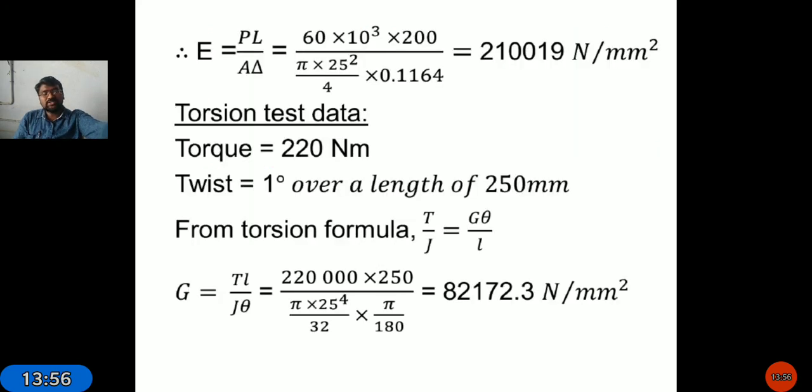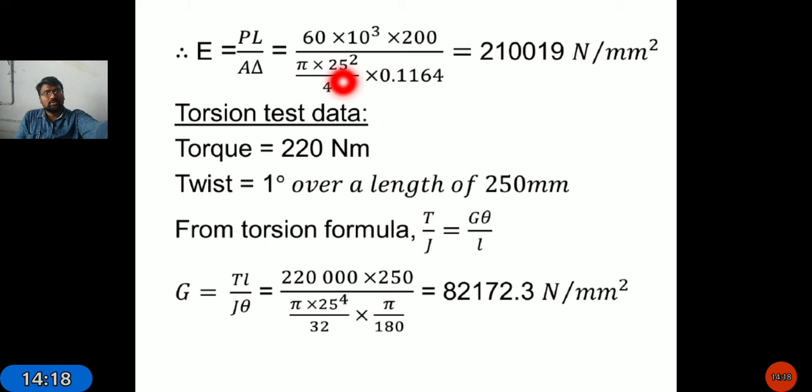From this data we can calculate Young's modulus. We know the formula: Young's modulus equals stress by strain. Stress means P by A, load by area, and strain means change in length by original length. By simplifying that equation, we get the formula for Young's modulus as PL by A into delta L.